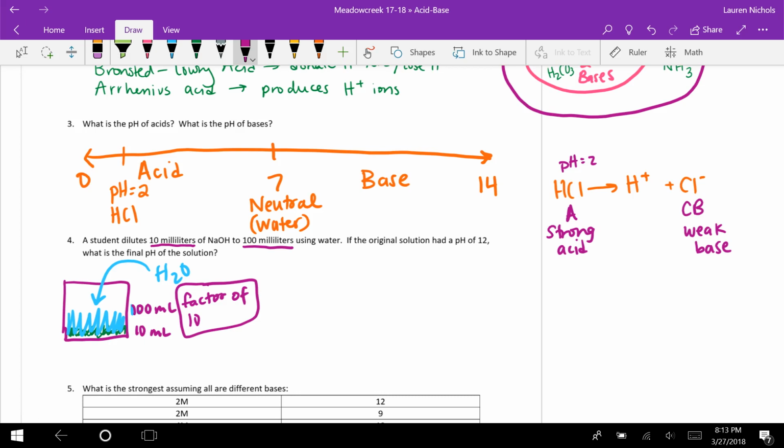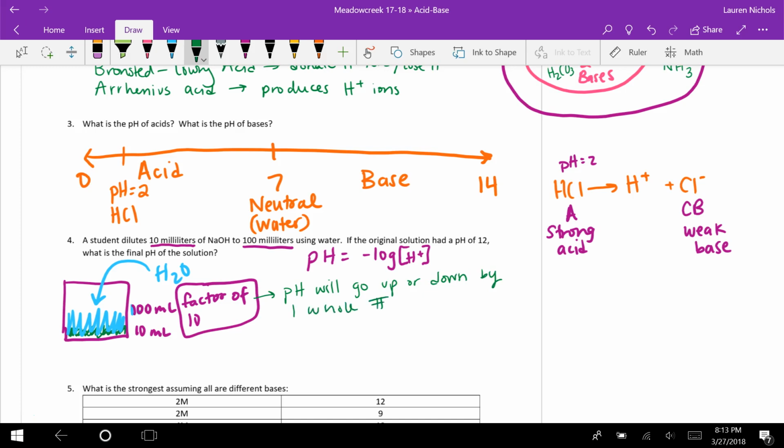And because pH is a log, which remember, I showed you this formula in class, pH equals negative log of H plus, but you don't actually have to know it. What you do have to know is, trust me enough to know that I'm not going to lead you astray, but when you change by a factor of 10, your pH will go up or down by one whole number.